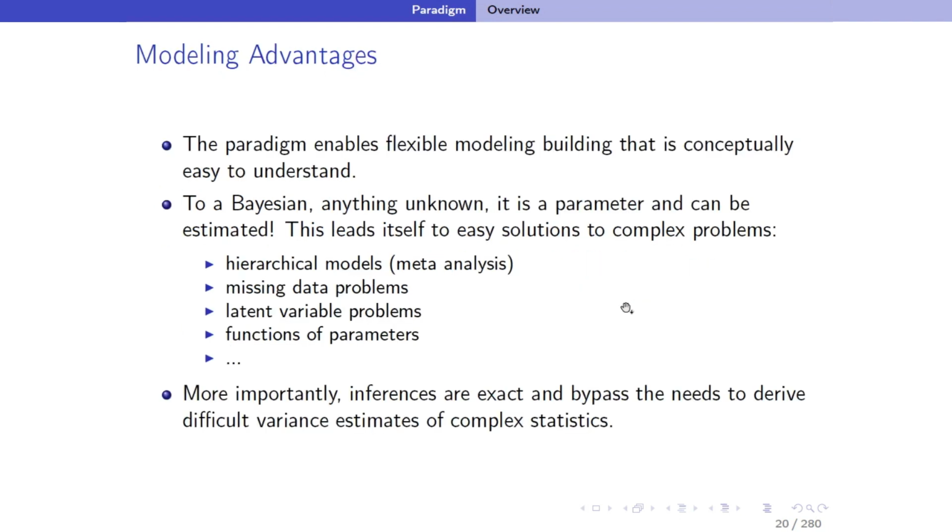inference in that sense. And in addition to the interpretability, Bayesian also offers certain modeling advantages, which I won't go through here. But because of treating unknown quantities as parameters that can be estimated, it leads to a very easy solution to the setting of complex problems, and bypasses the need to derive asymptotics.